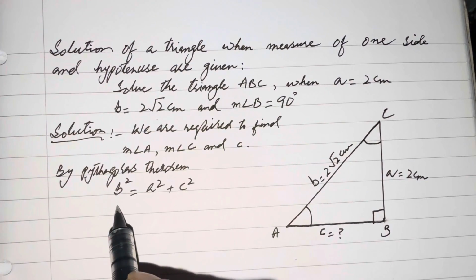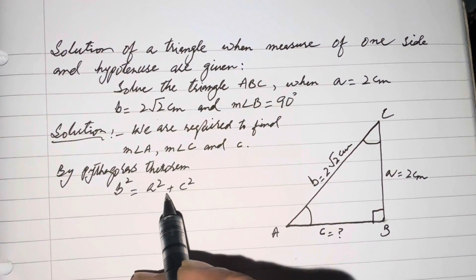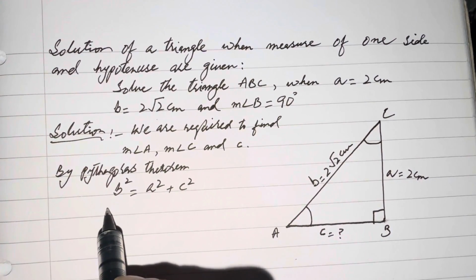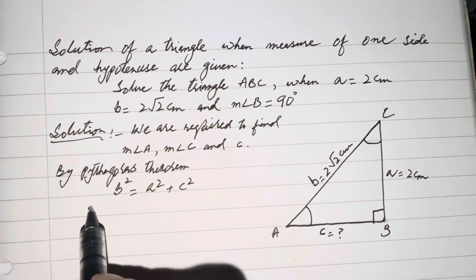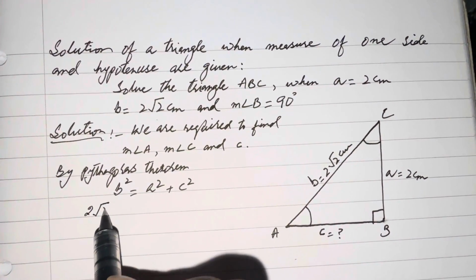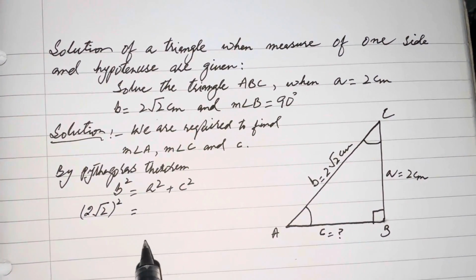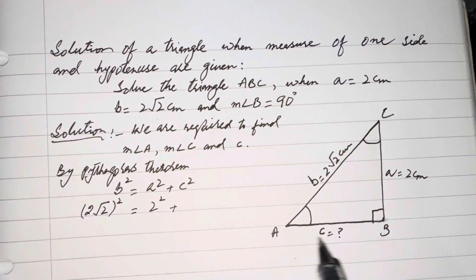So with the help of Pythagoras theorem, now we are going to put the values of the sides of the given triangle. b square is equal to 2 into under root 2, whole square, is equals to a square, which is given as 2 centimeter, plus c square, which we have to find.